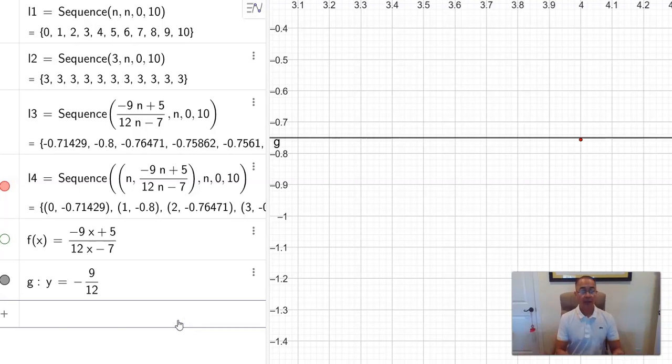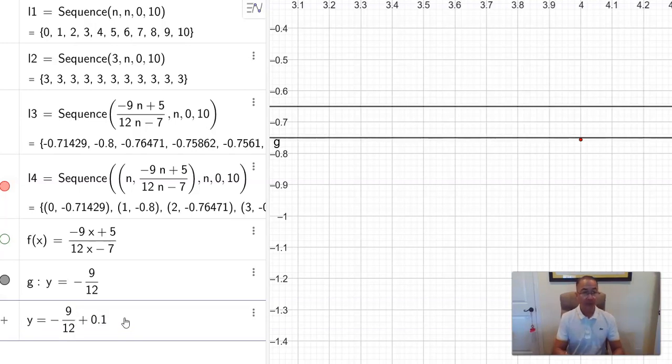So we want our function to be between this limit plus epsilon and the limit minus epsilon. So we will have minus 9 over 12, minus 9 over 12 plus 0.1. That is our upper horizontal line.